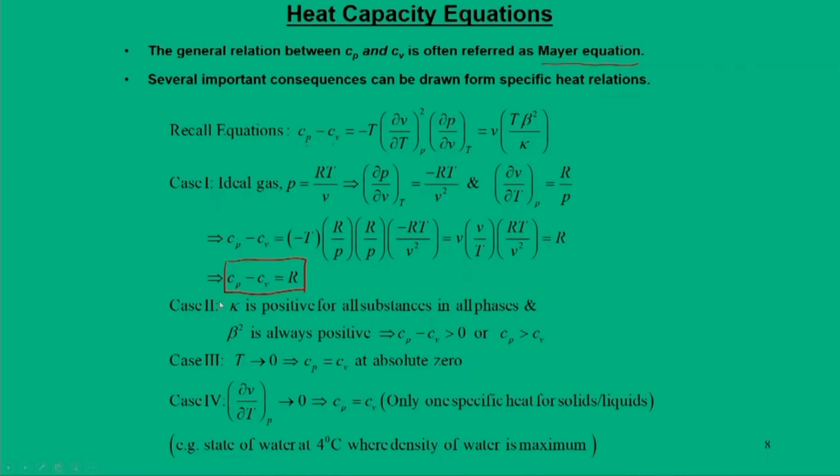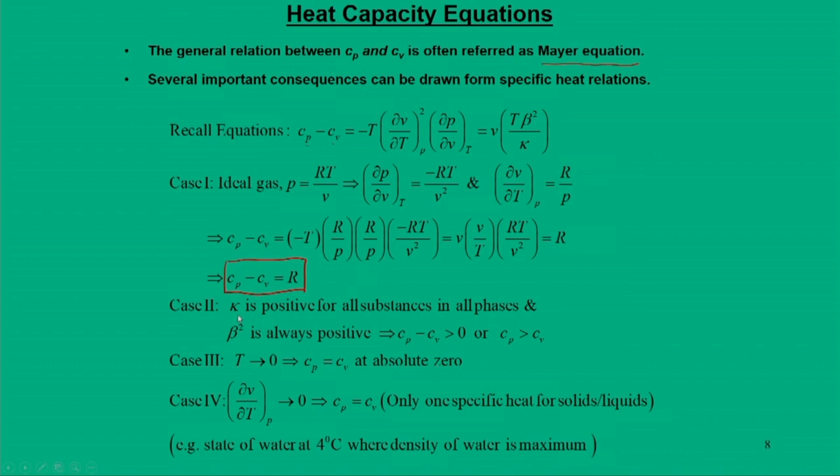Now, in the second case, that is case 2, we are trying to prove that Cp is always greater than Cv. Why? Because the term beta square is always positive since it is a square quantity, absolute temperature is positive, and specific volume is also a positive number.